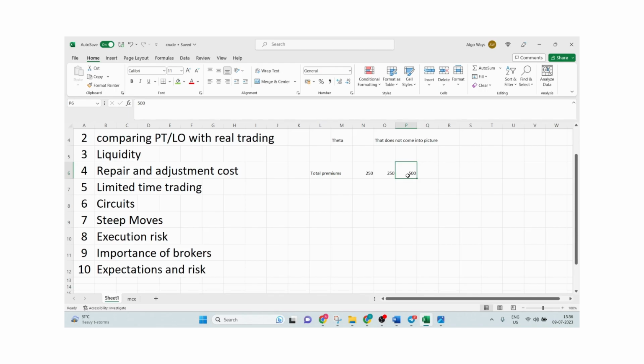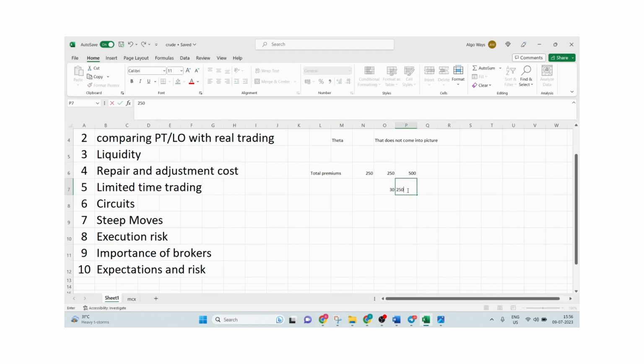Again, I am repeating, just to understand it. Now we have 30 days in a month: 20 trading days plus 10 holidays. So overnight decay will happen out of this 500 points, up to 50% of this.